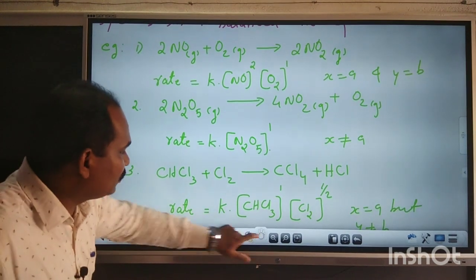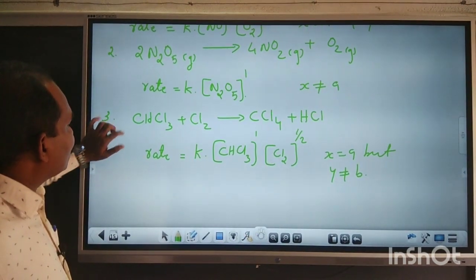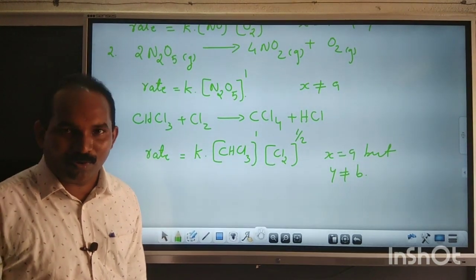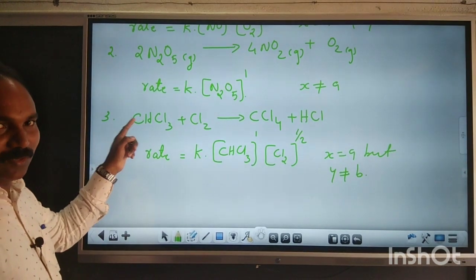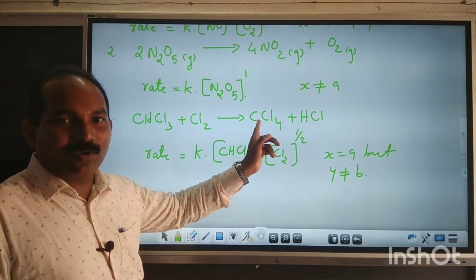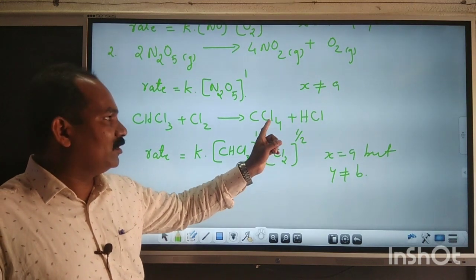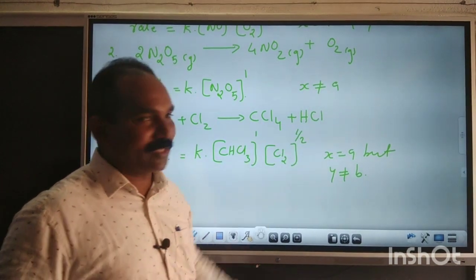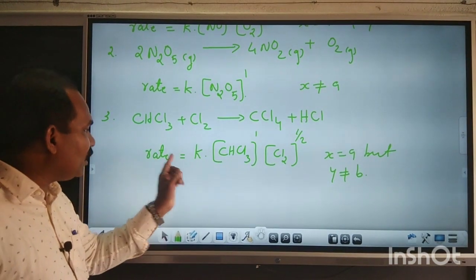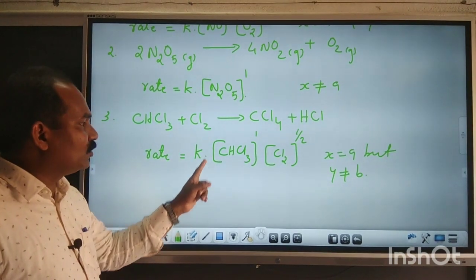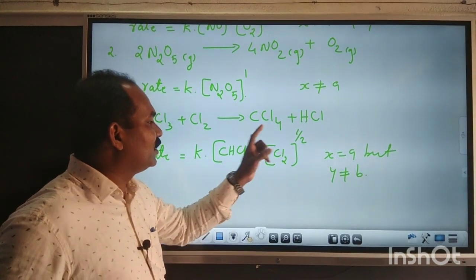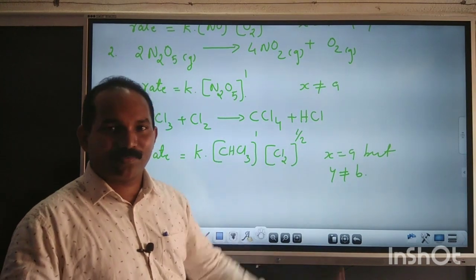Then the third example. CHCl3, chloroform or trichloromethane, reacts with chlorine to give carbon tetrachloride, CCl4, which you studied in plus 1, plus HCl. The rate of the reaction is k into the concentration of CHCl3 raised to 1 and the concentration of Cl2 raised to half.